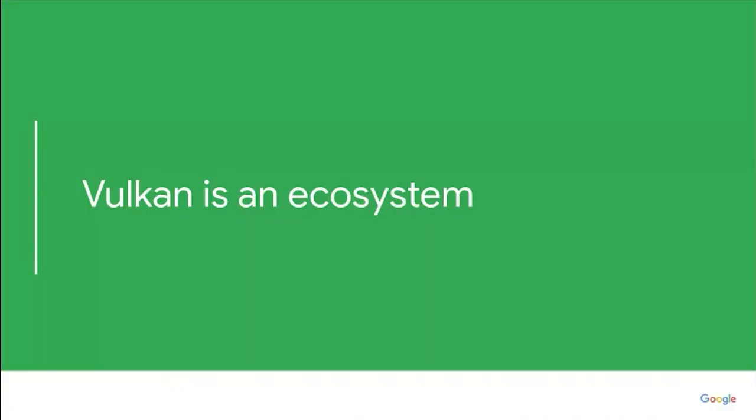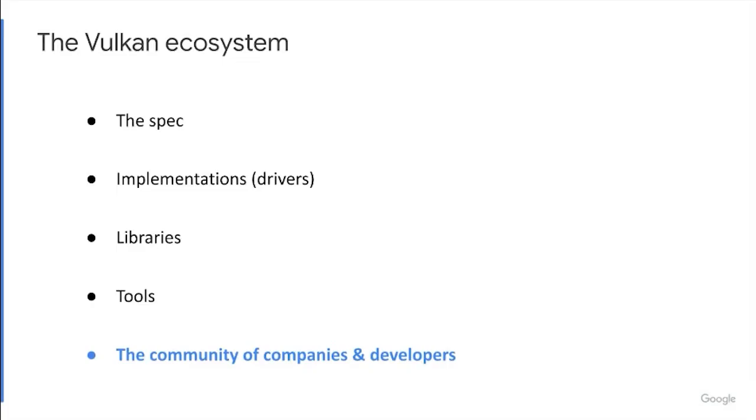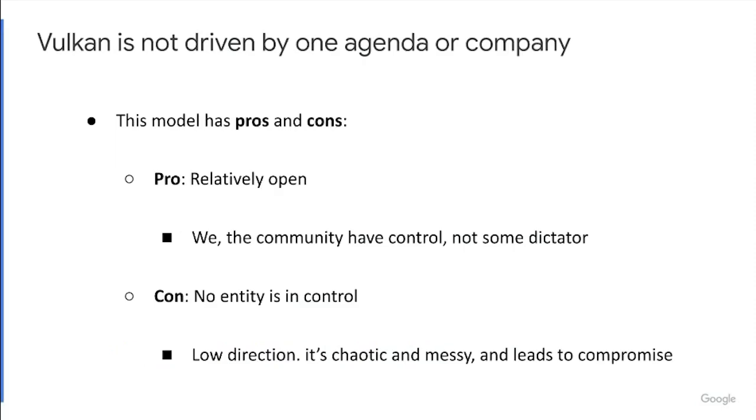So Vulkan is an ecosystem containing the spec, implementations, drivers, all the libraries, all the tools, and the community of companies and developers. The challenge is Vulkan is not driven by one agenda or company.